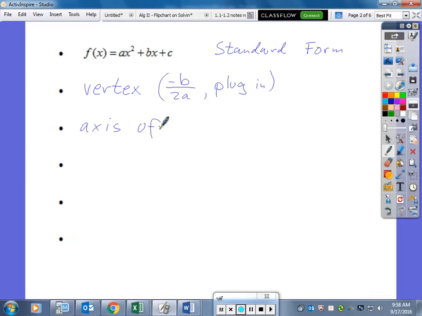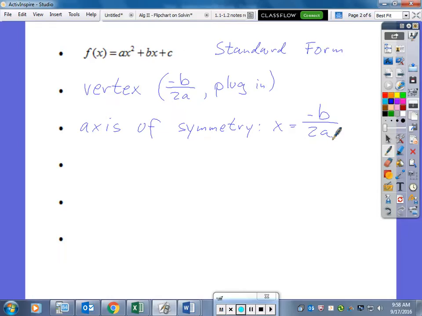The axis of symmetry is always x equals negative b over 2a. Remember, the axis of symmetry is a vertical line that splits the parabola in half, and it goes right through the vertex, and therefore all we care about for the axis of symmetry is the x-coordinate of the vertex.